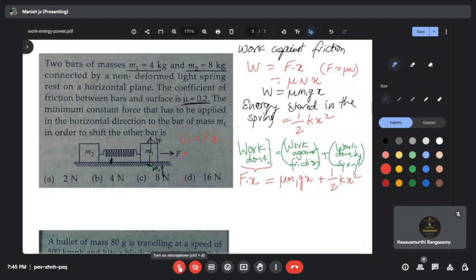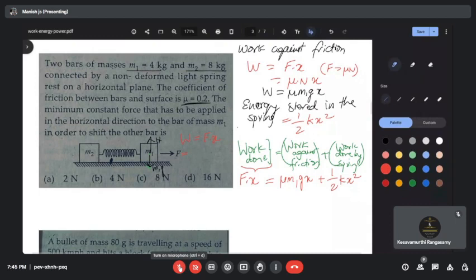Now when the bar m2 is going to move, when the spring achieves its maximum elastic potential energy, being stretched, obviously the bar m2 would start moving. So don't you think the force is going to balance? The force due to the spring is going to balance.